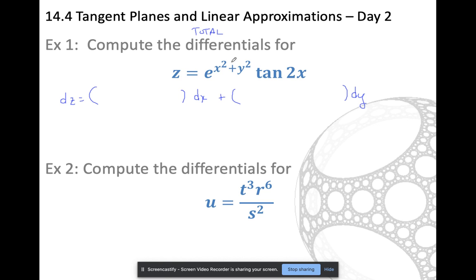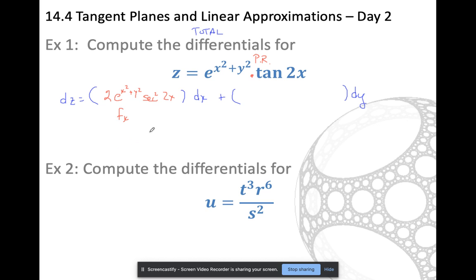And what is partial x? Now this is a product, so I'm going to have to use the product rule. Partial x would be holding y as a constant. So it is the first function times the derivative of the second, and the second is in terms of x, so secant squared 2x times 2.